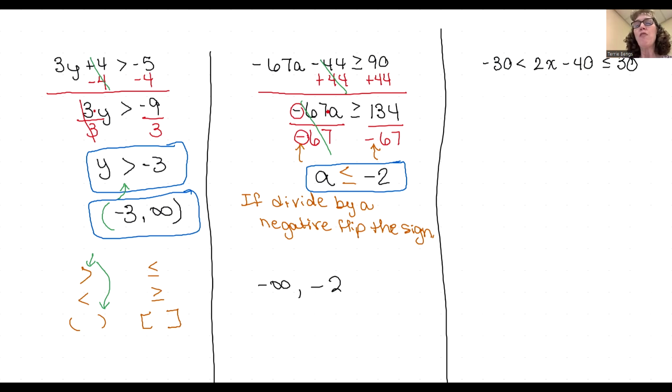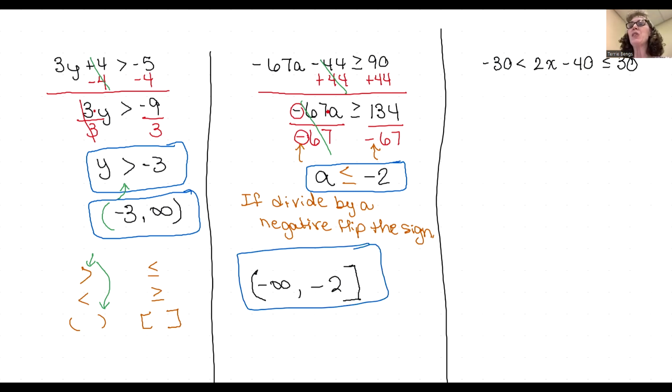And remember, infinity always has a parenthesis. And here we have a less than or equal to sign, so this time that negative 2 is going to have a bracket around it. All right, so that is our inequality and our interval notation.